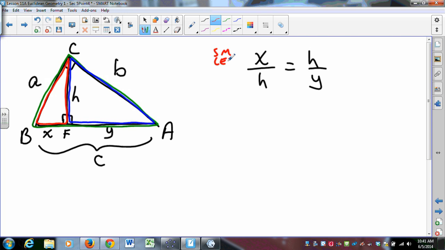That's the small leg to the big leg on the red triangle, and the small leg to the big leg on the blue triangle.